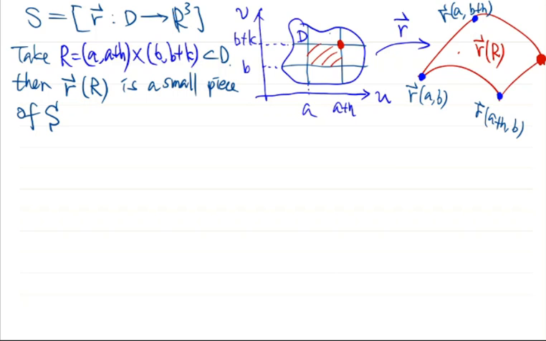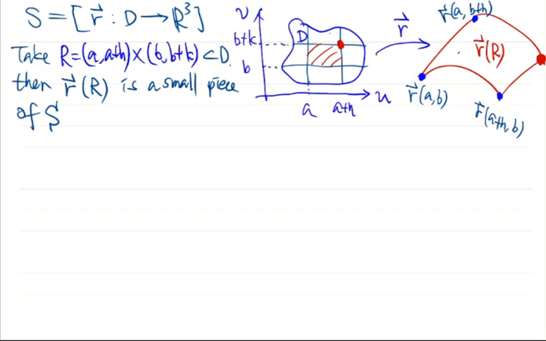I will have no place to write it. So the image of this small rectangle is the image of the region bounded by these four red curves. The vertices, the four dots, one red and three blue, are the images of the vertices of the rectangle.